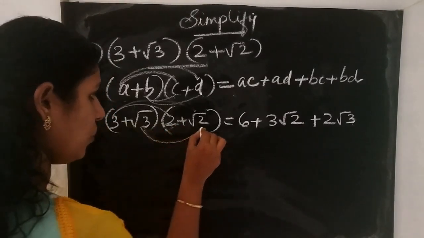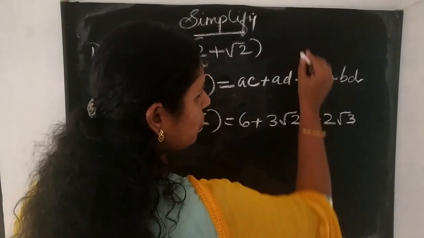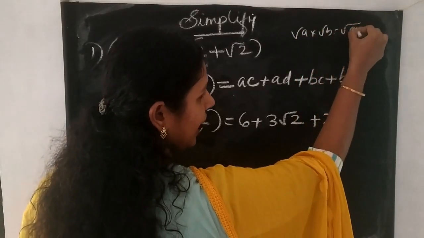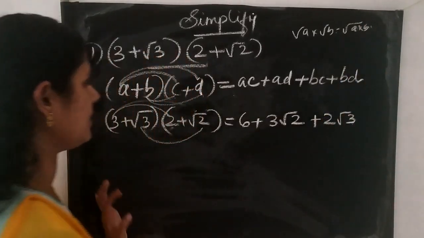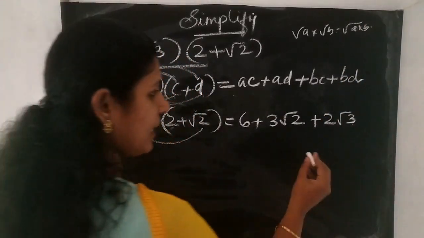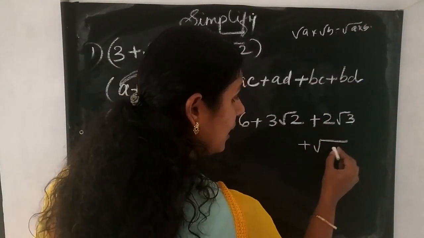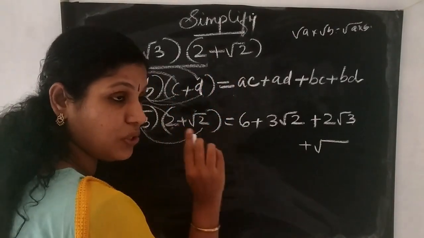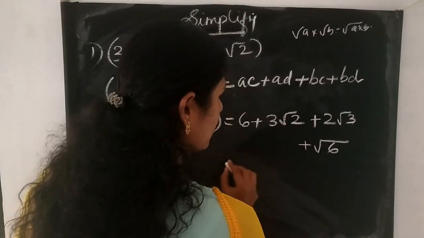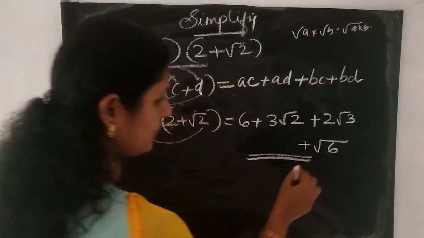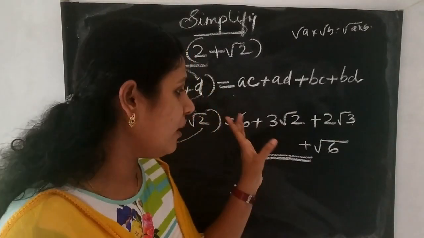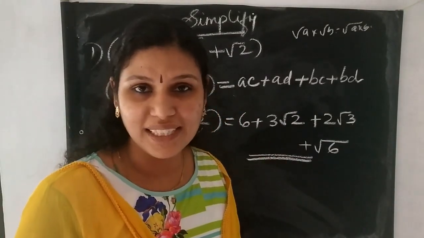Then root 3 into root 2. That is root A into root B, which we can write as root AB. Root 3 into root 2 we can write as root 3 into 2, which is root 6. So we get the answer, and as each term is different, there are no like terms. So we stop here. Okay, understand?